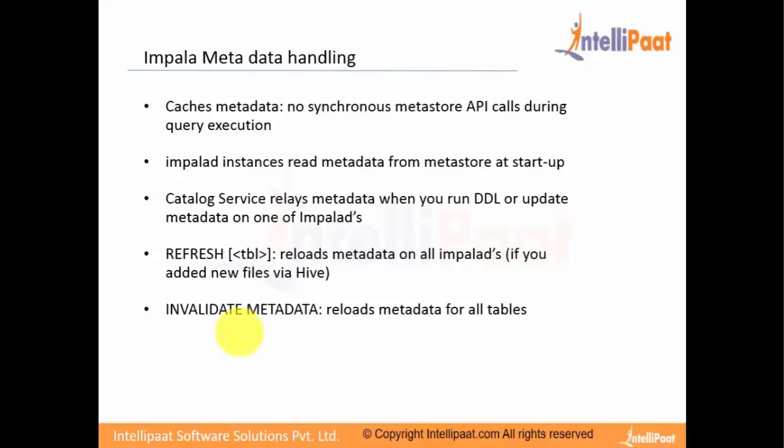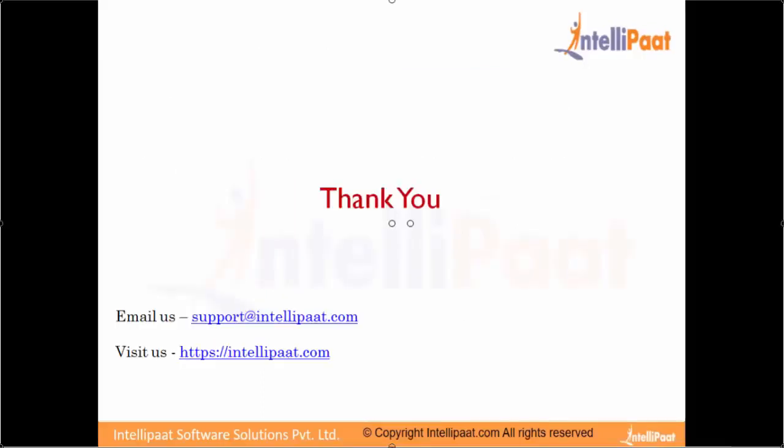We also discussed the execution engine, and in the end we discussed metadata caching, which is accomplished by using the invalidate metadata command to cache the fresh logical metadata from the metastore, and using the refresh command to update the block caching of the HDFS name node and also the volume IDs of the replicas created for those blocks.